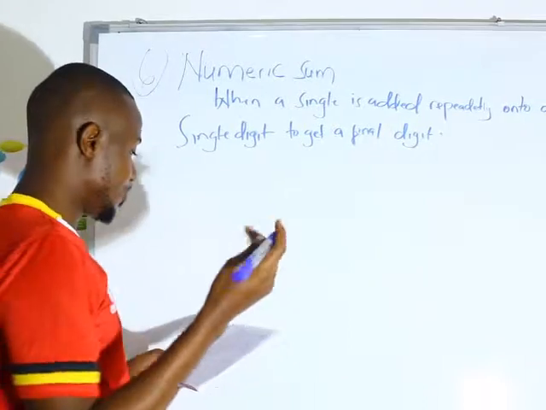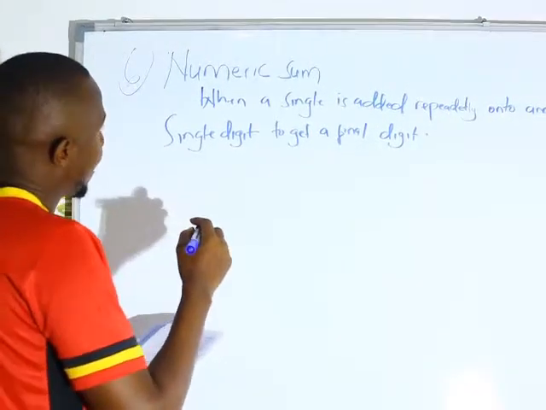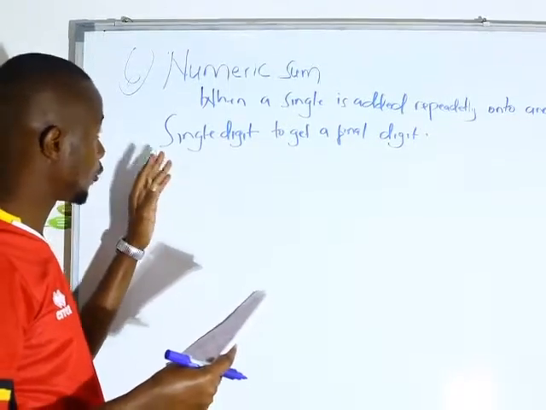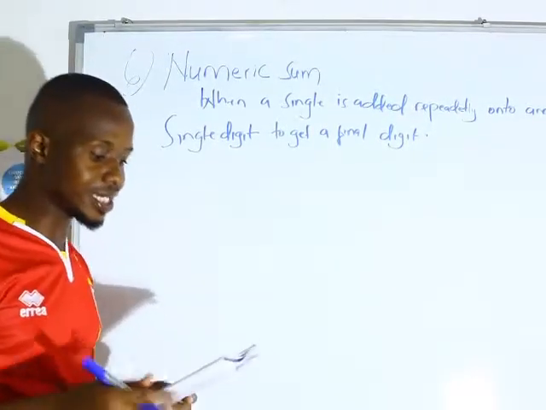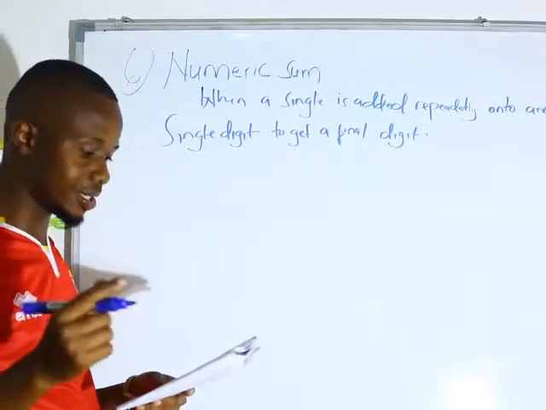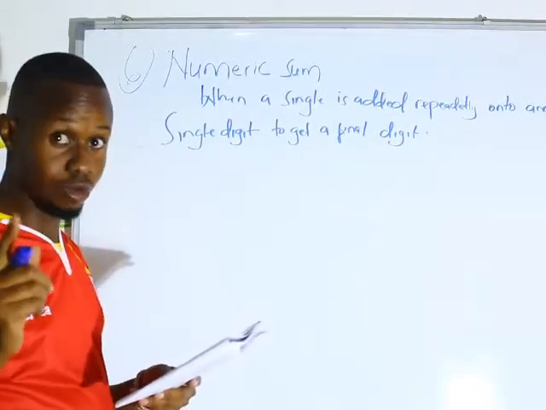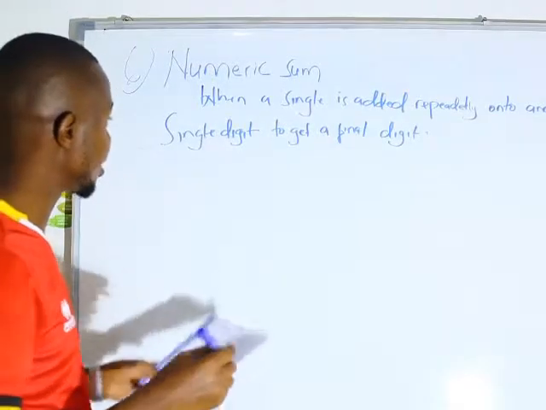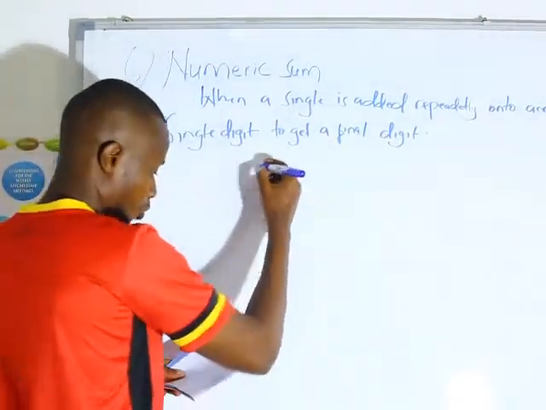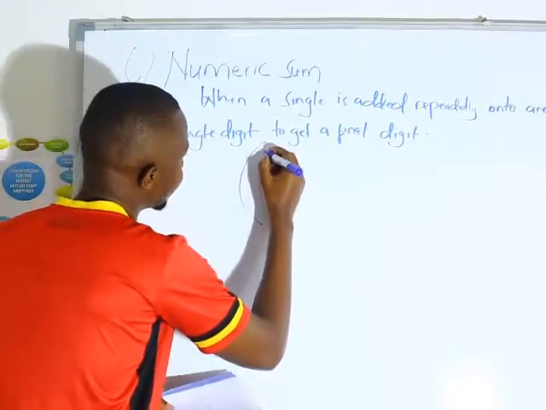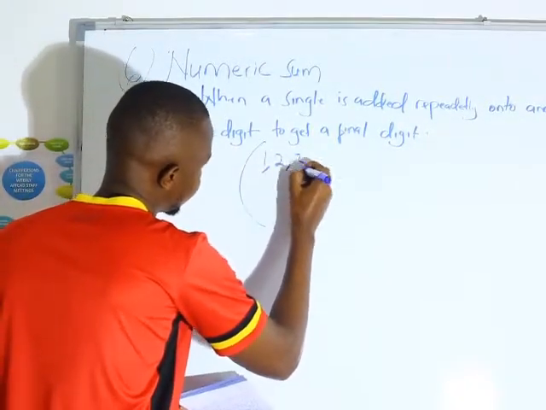So let me show you with examples. But before I show you an example of numeric sum, just know that every number in the counting system must add up to one of the numbers in the first quadrant, which is called the numeric locator.